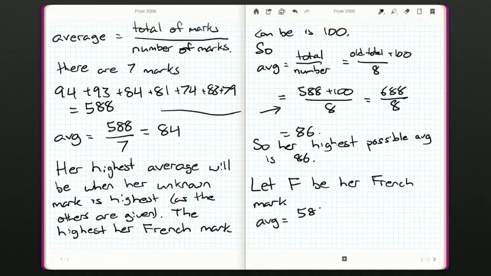We know that her average is going to be 588 plus F, this is the sum of all the other courses, plus her French mark, over 8. And we know that this is going to be equal to 85.